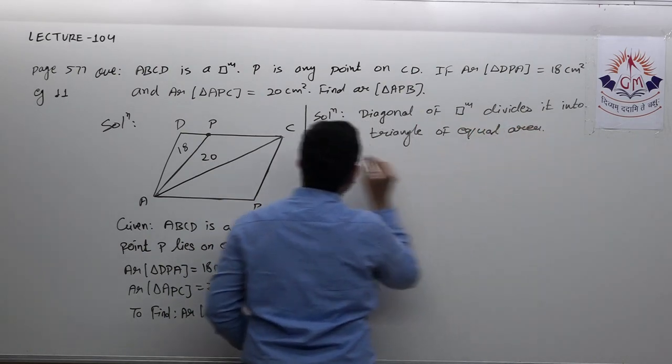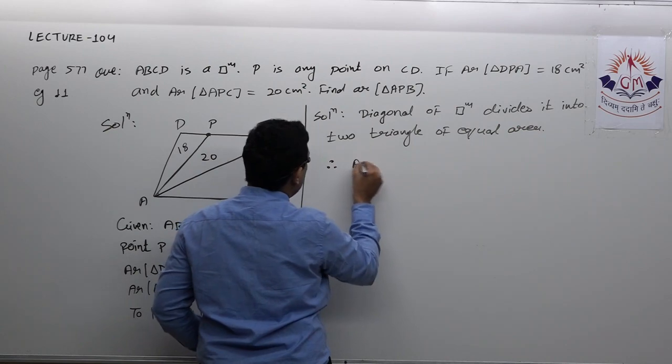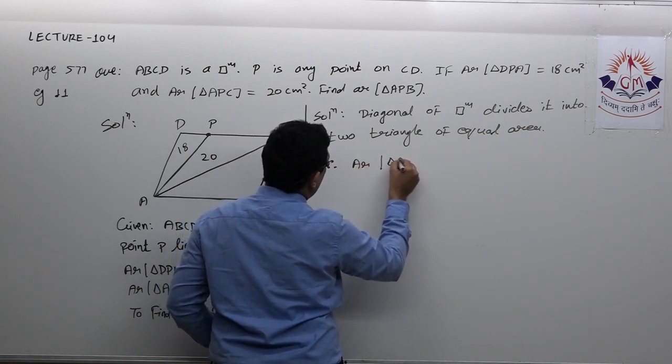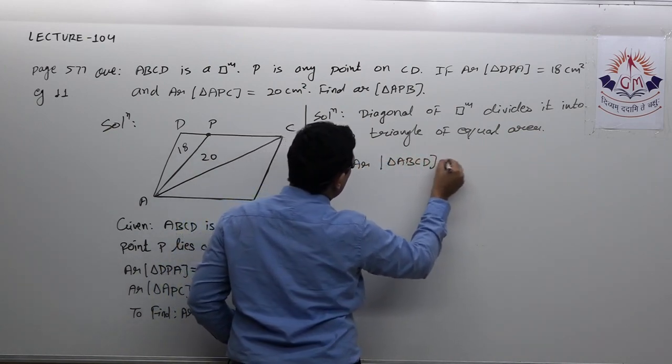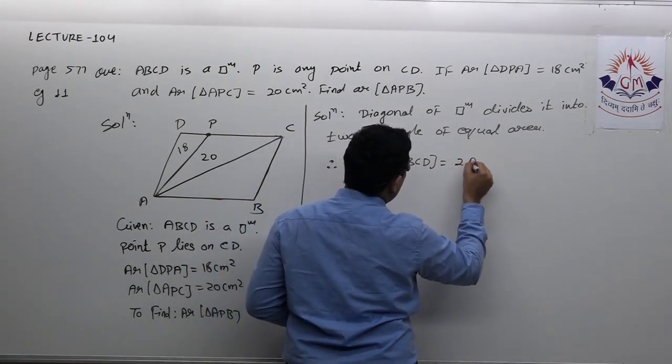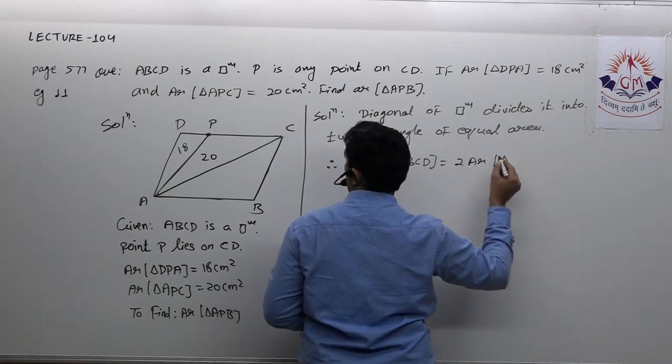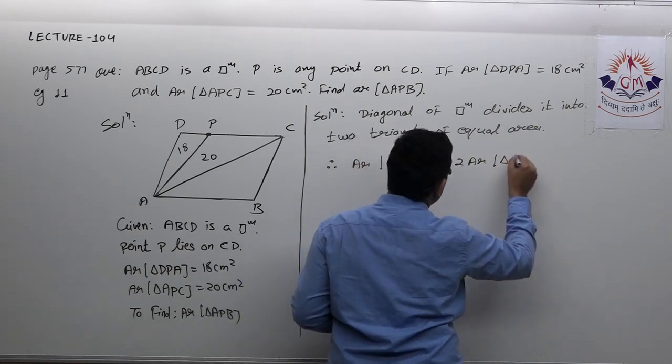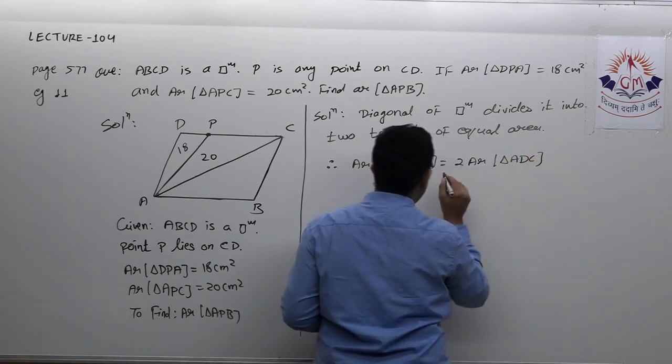That we know. Therefore, I write area parallelogram ABCD is equal to twice area triangle ADC.